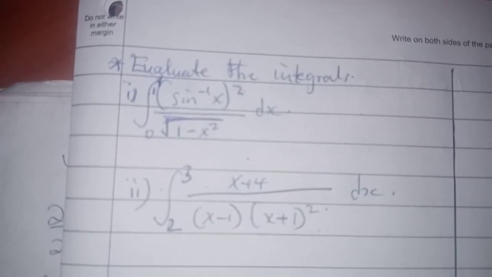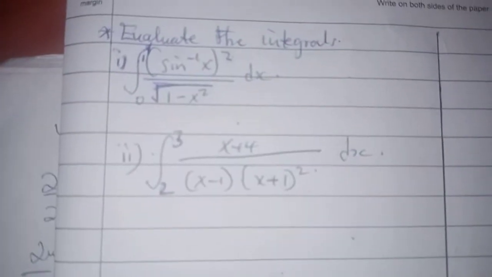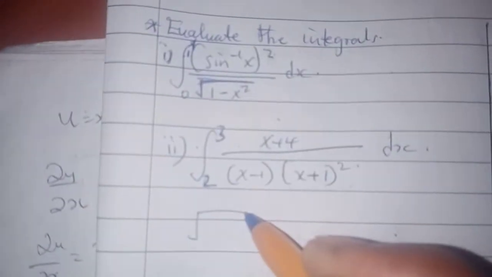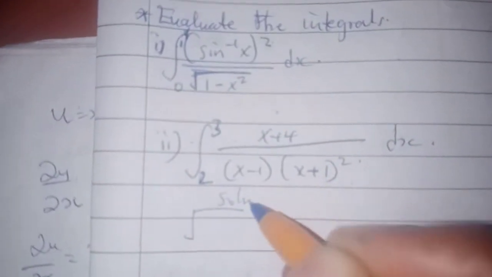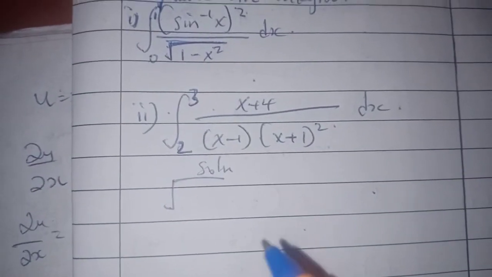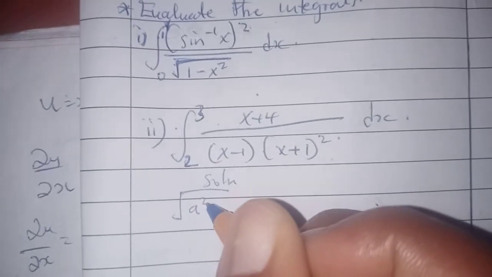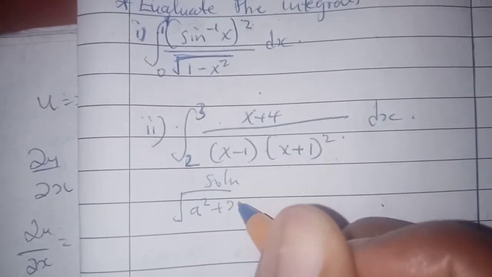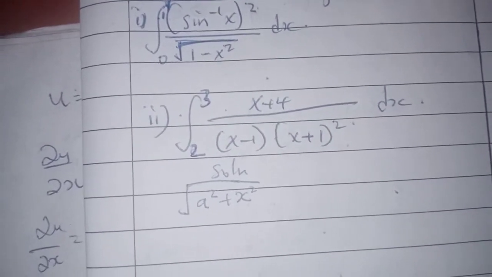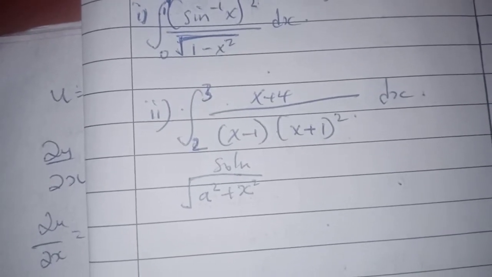Before we start calculating, one of the scenarios is when you find an equation with a root. So when you find any equation with the root of a squared plus x squared, where a is any number like 1, 2, 3, but squared, that number should be in square form.